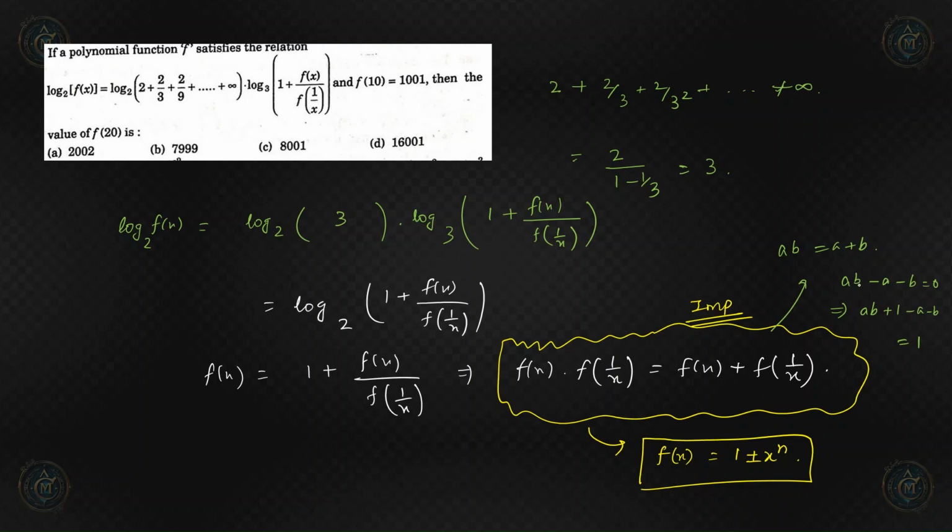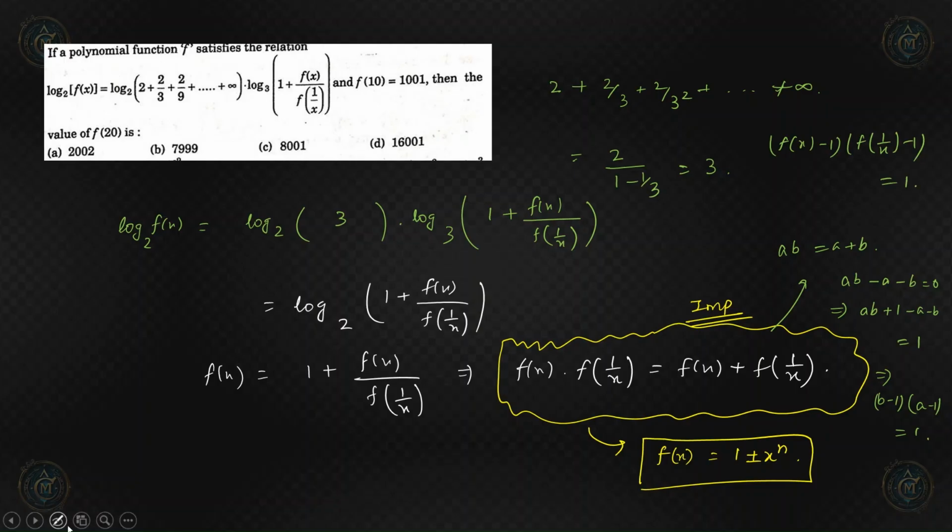Now we can take b minus 1 common from the LHS, so we get (b minus 1) times (a minus 1) equal to 1. Now a is f(x) and b is f(1/x). So we get the equation (f(x) minus 1) times (f(1/x) minus 1) equal to 1.